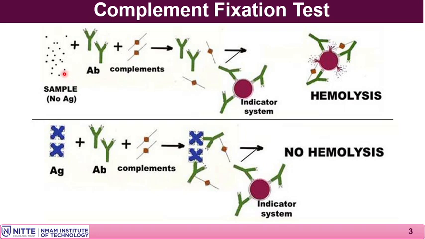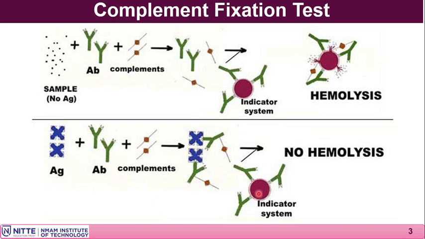Let us presume that the test sample is one in which you have to detect the antibody. Then you have to reverse the reaction in such a way that to bind to that antibody, you have to add the antigen, and after mixing, you have to add the complements. If the antibody is readily there in the test serum, the antigen will engage that antibody and the complement added to it will get fixed to that antigen-antibody complex.